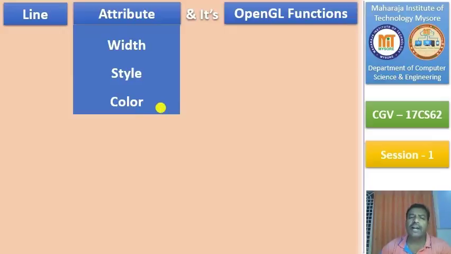Though the line has three attributes and the point had only two, the color attribute is similar to the way I discussed with the point. Hence, let us not discuss much about the color attribute with respect to the line. We'll concentrate on the width attribute of a line and the style attribute of a line.